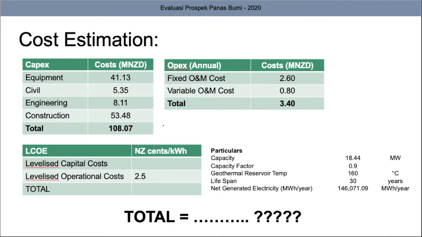Later on in the course, you will learn how to estimate the cost of a geothermal project. As we know, there is a capex and opex to support a project. It is quite the same in a geothermal project. However, considering the cost that is very high for geothermal projects, we must also consider the LCOE, or levelized cost of electricity.